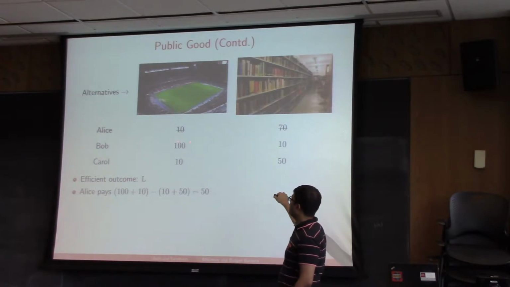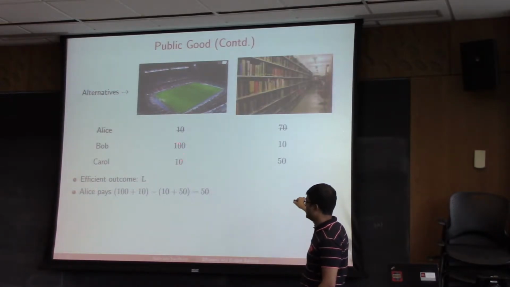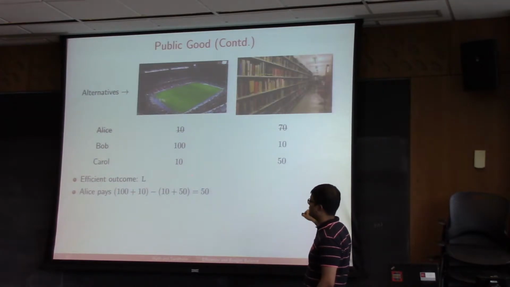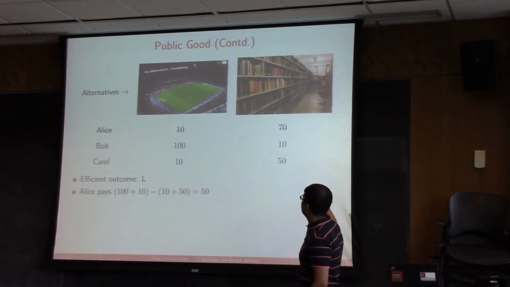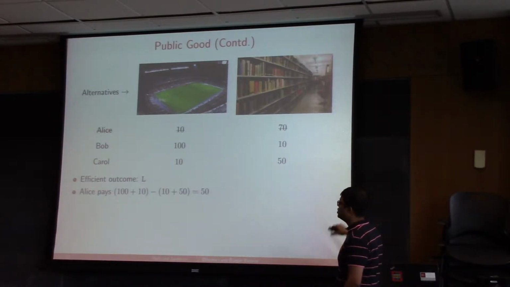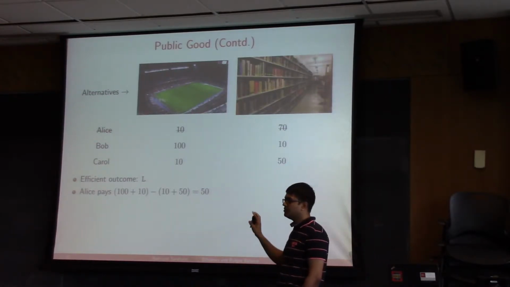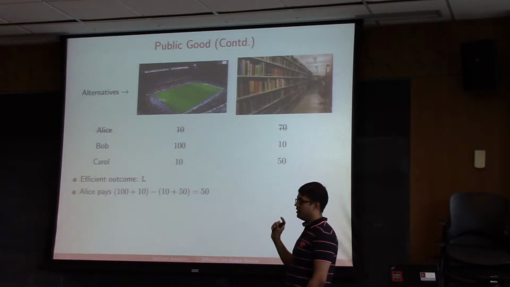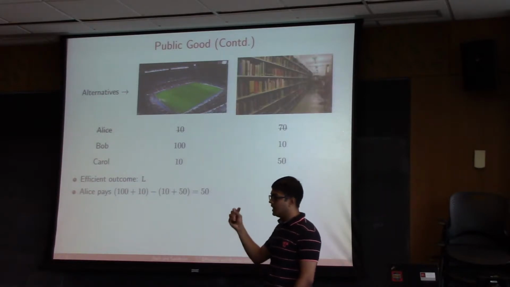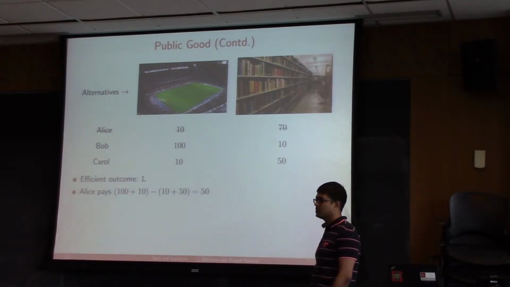Now, the sum of the valuations of the other agents when she is not present is 100 plus 10, 110. And because of her presence, the sum of the valuations of the other agents changes to 60. So Alice is asked to pay just this difference. The change in valuation that she is imposing on the other agents is what she is supposed to compensate.